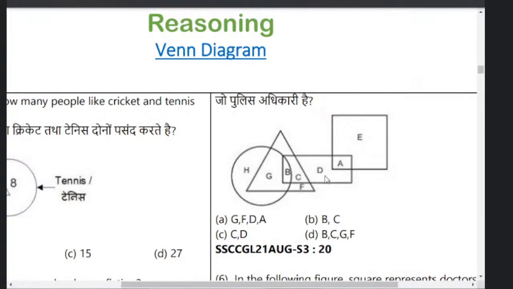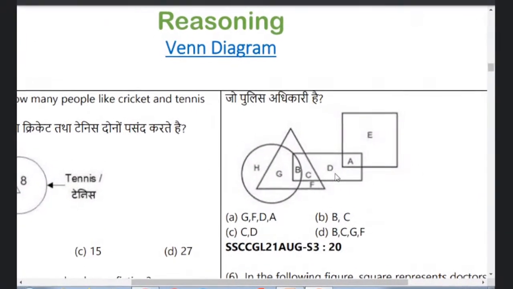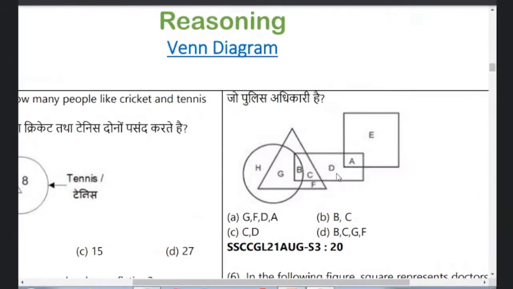Am I audible to you all? Okay. Who is the police, American, who is as well as C option?